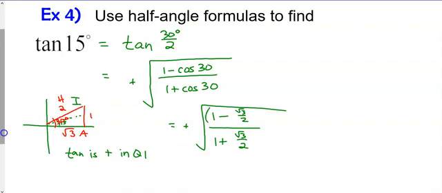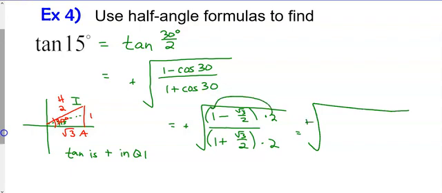So easiest way to do that is to multiply everything by 2. So we're going to multiply by 2, multiply by 2. That's going to leave us with 2 minus, those are going to cancel, root 3 over, distribute that, 2 plus, 2's are going to cancel, root 3.